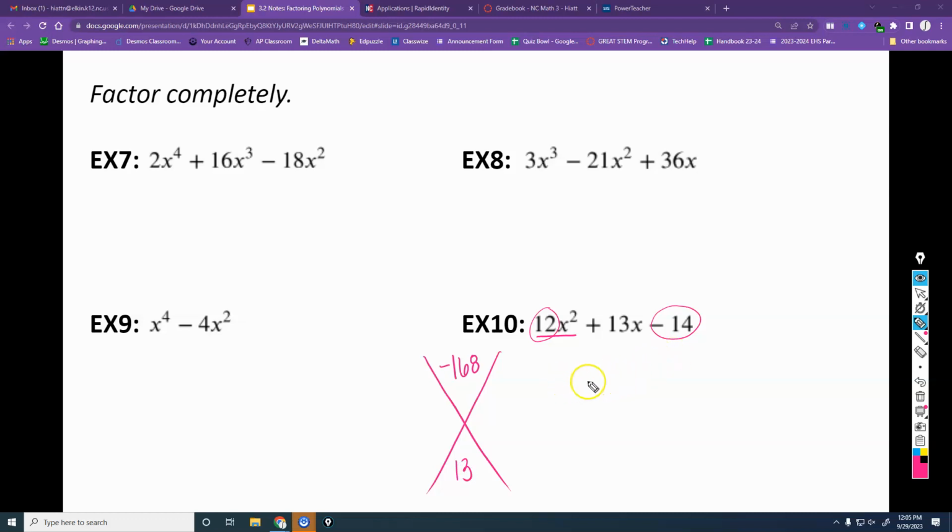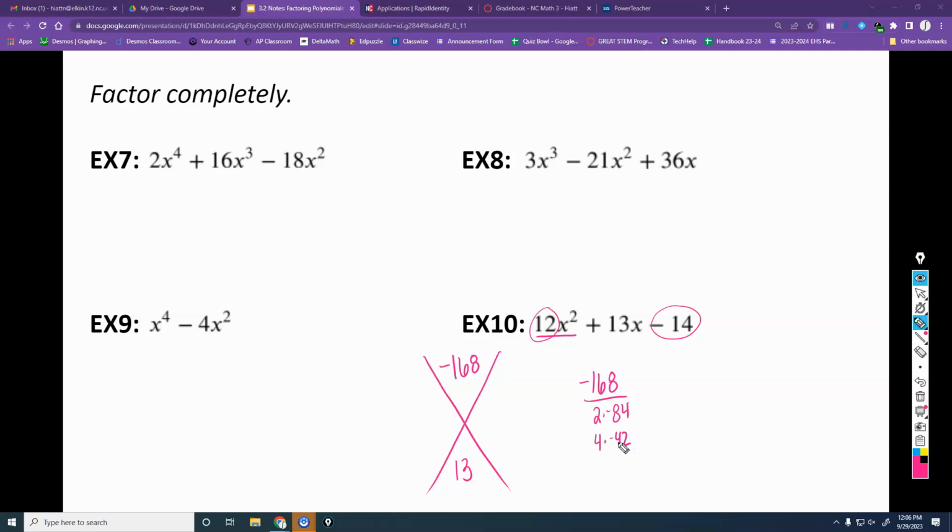So we need the numbers that multiply to give us negative 168, and then add or subtract to give us 13. Now, negative 168, that's not very easy, right? I know it's even, so 2 and negative 84 works. I bet 4 will go into it. 4 and negative 42.